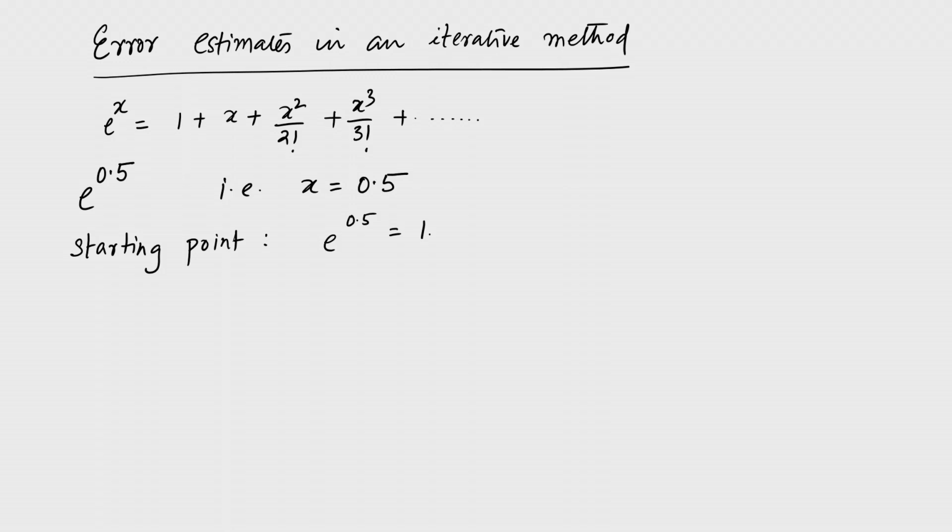The exact value, you can use your calculator to know that. The exact value of exponential 0.5 is equal to 1.64871 and so on.